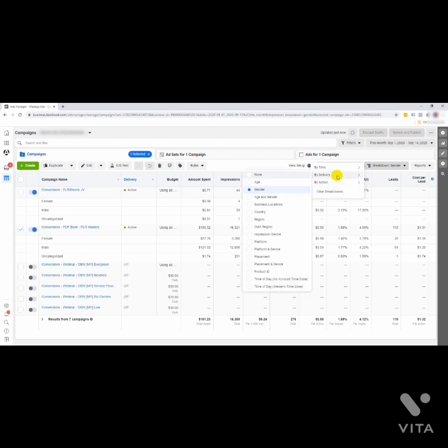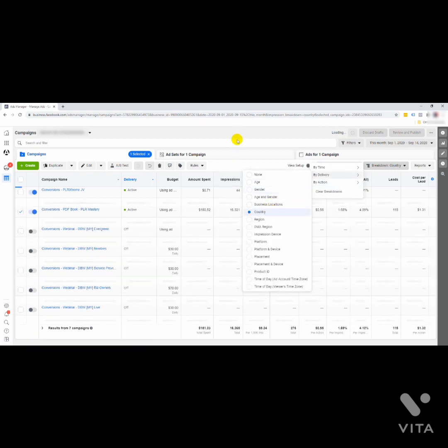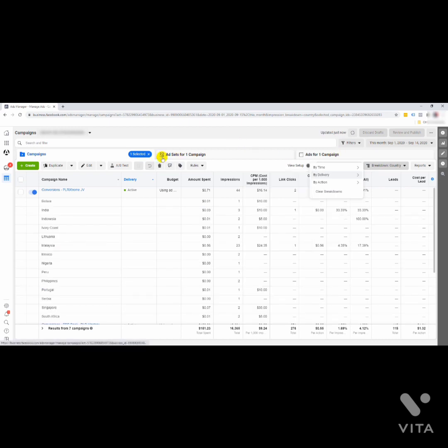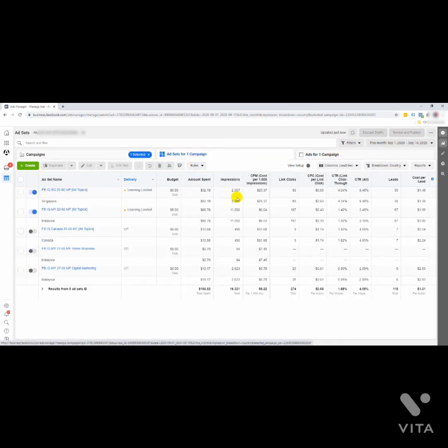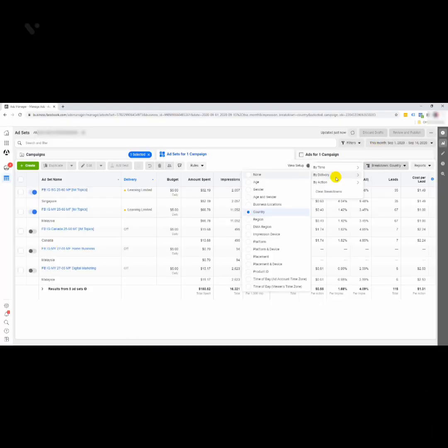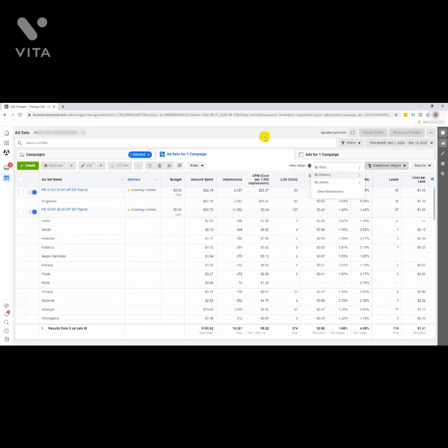All right. You can also take a look by country. If you're targeting multiple countries, in this case, this particular campaign was running to only 3 simple countries: Singapore, Malaysia, and Canada. So it's quite straightforward. But if you're curious to know about the region, region could mean state or county, depending on the country that you're in right now.